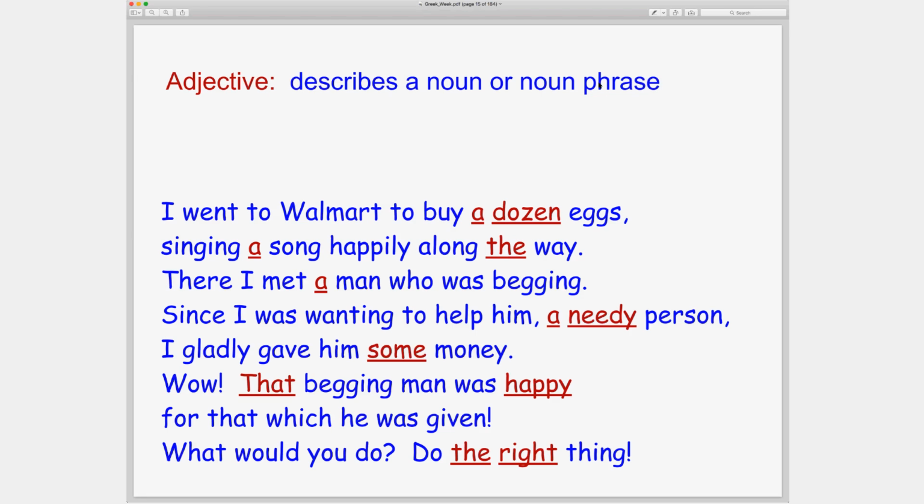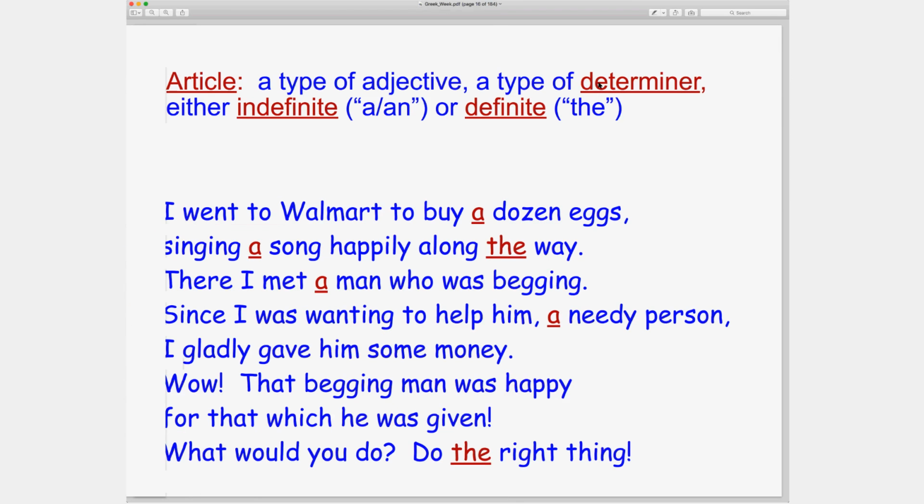And a is another type of adjective. We'll see that that's an article. So adjectives describe a noun or noun phrase. The article is a type of adjective. There's a and the and so on.